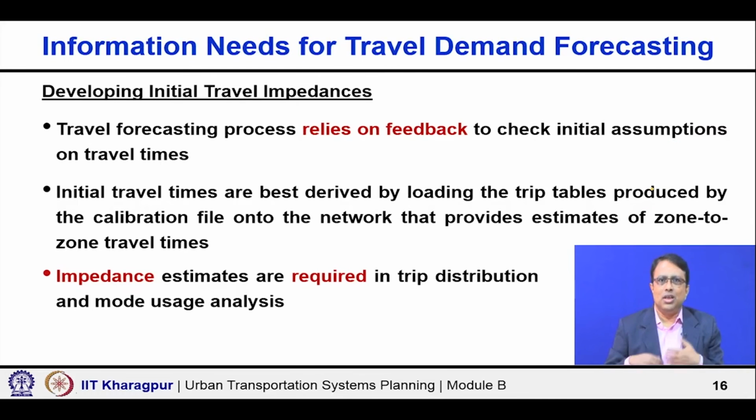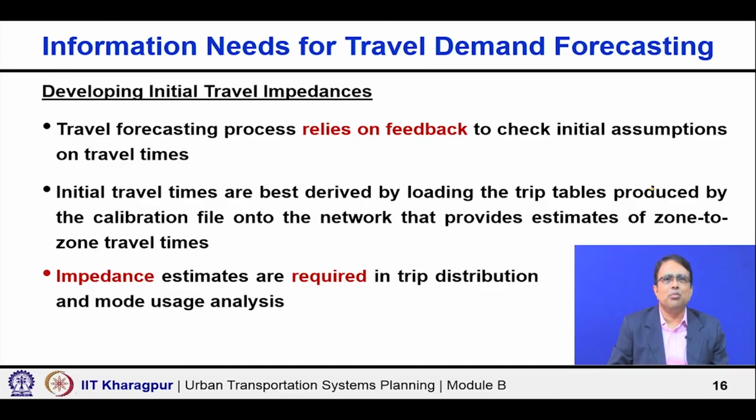Now, developing the initial travel impedance, that is the next one. The travel forecasting process relies on feedback to check the initial assumptions on travel times. We started with some assumption of travel time, and based on that travel time or travel cost, we did the distribution and the mode choice. But finally, in assignment we know how much actual load will come on a given link, and the load will determine what the real travel time or travel cost will be. So, we need some kind of checking.